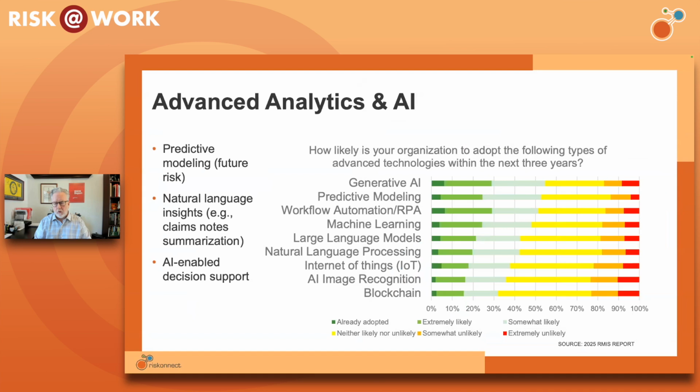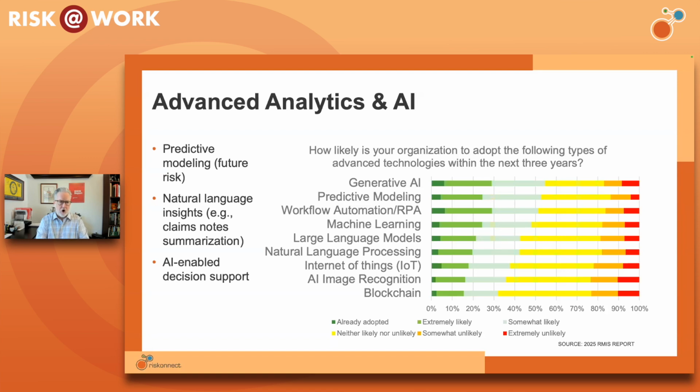We find that most organizations are really in the early stages of adopting these, particularly AI capabilities, natural language processing, generative AI, et cetera. Predictive modeling has been around for a while. Risk Connect has had predictive modeling built into your models and your system for many years. Sometimes organizations don't realize what they're getting from the system as that engine behind it.